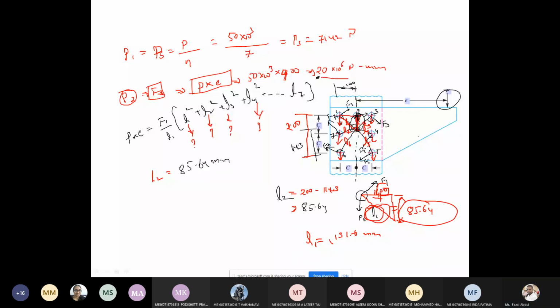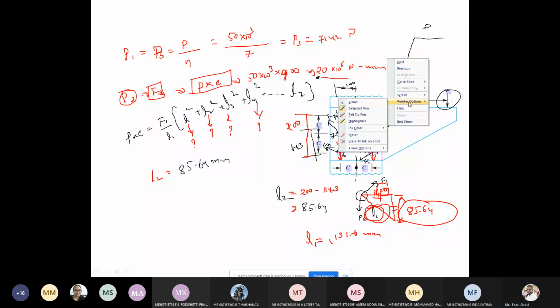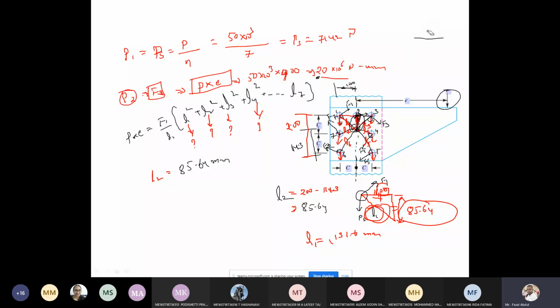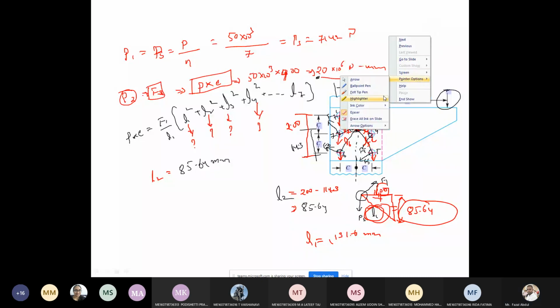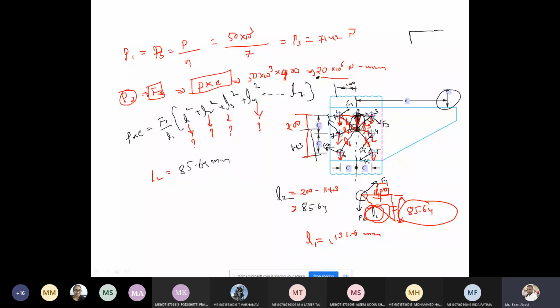Now what is L3? Separately I'm drawing this rectangle here outside. This is G. This is the third rivet.